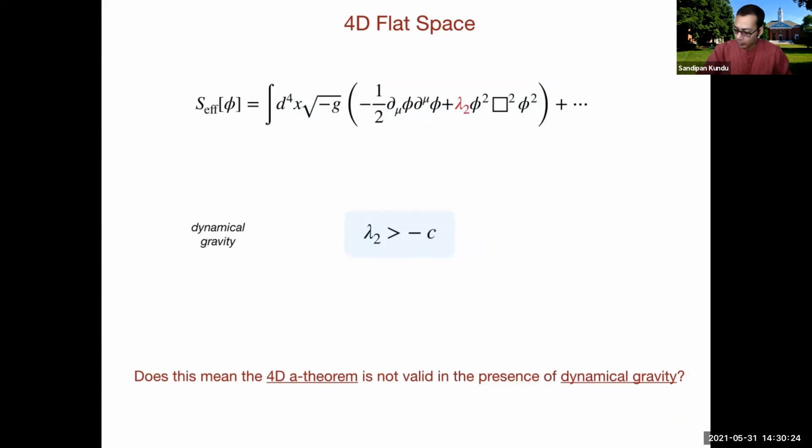Because this lambda2 is related to delta A in 4D RG flows. But as I said, when there is dynamical gravity, lambda2 can be a little bit negative. So does this mean that the 4D A theorem is not valid in the presence of dynamical gravity? To me, this is a very interesting question which should be explored further.